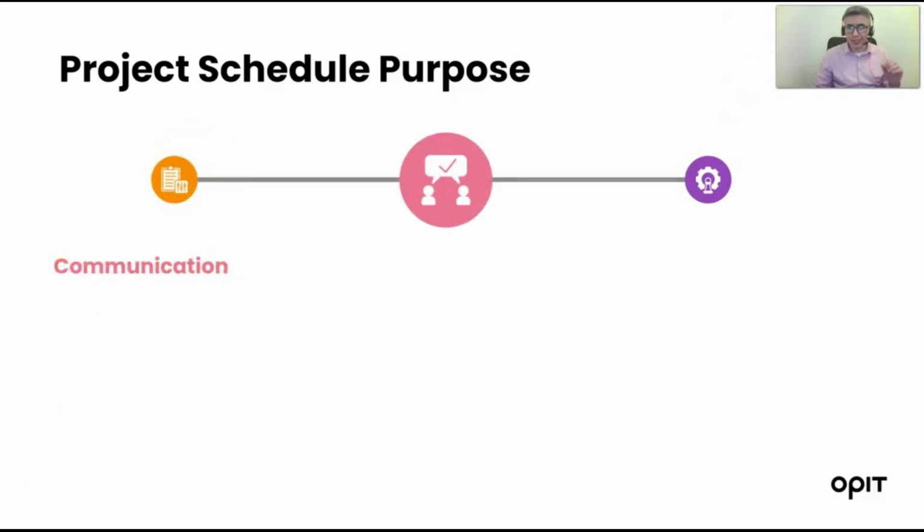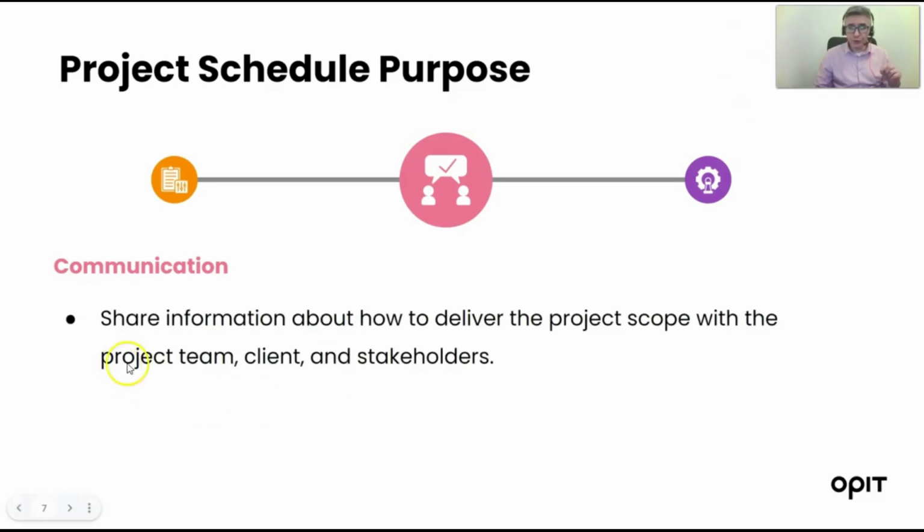Another purpose is communication. Schedule works as a communication tool. So schedule is used to share information about how to deliver the project scope with the project team, client, and stakeholders. It's a tool to communicate how we are planning to deliver, because we have what, we have who, we have how, and we have how much and when.